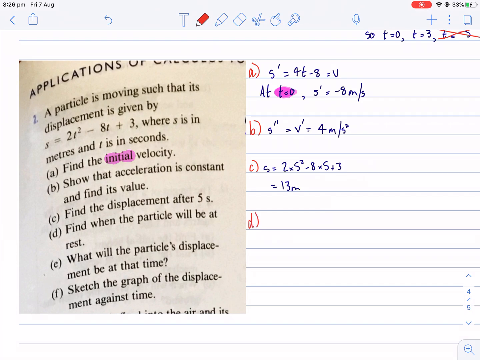Question D, when the particle will be at rest. It's at rest when the velocity equals 0. So that's when 4t take 8 equals 0, so t equals 2 seconds.